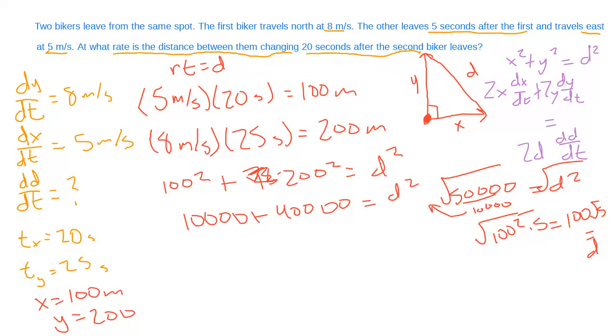So therefore, we know that our d, our distance, is 100 square root of 5.